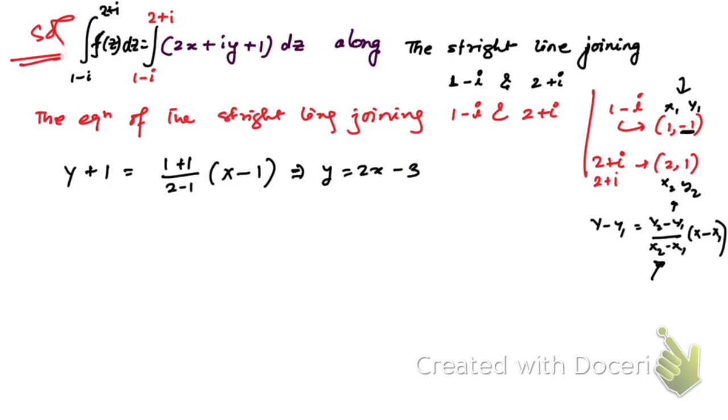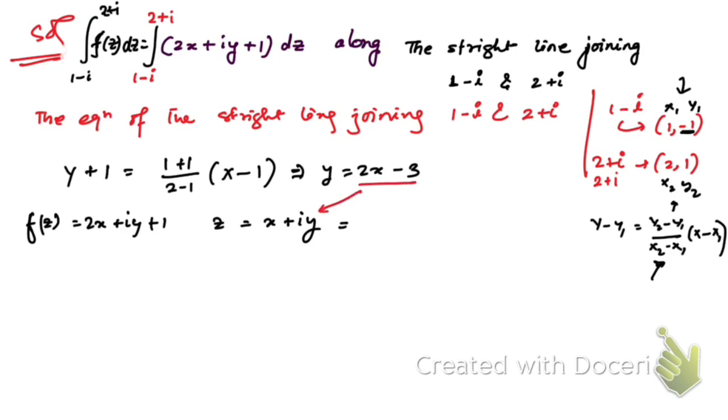Then again you see here f of z, in this case, is twice x plus I y plus 1, and here z is equal to x plus I y. Now let's put the value of y here.